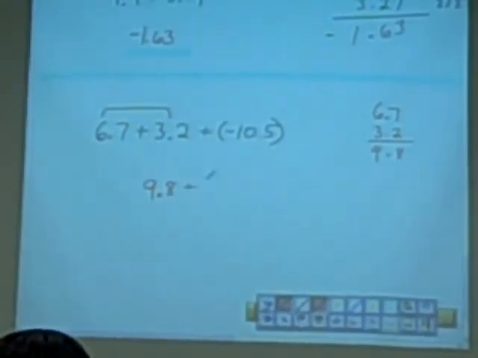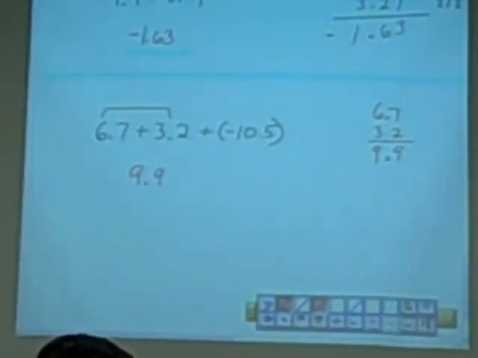Let me redo that. 7 plus 2 is 9. See, now I'm trying to go too fast here. 6 plus 3 is also 9. So that's 9.9 plus a negative 10.5.